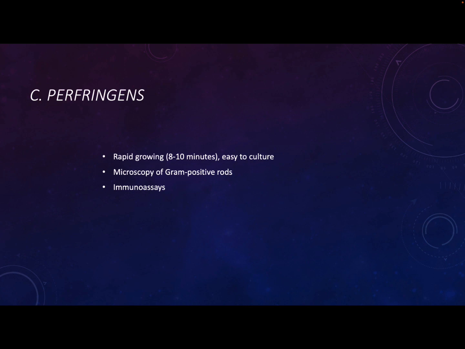It can be aerotolerant, so it can grow sometimes in conditions of oxygen, which is why we can see it in exposed food products like that salt-cured beef. So it's not always a strict anaerobe like difficile, like botulinum, and like tetani that we'll talk about next week.